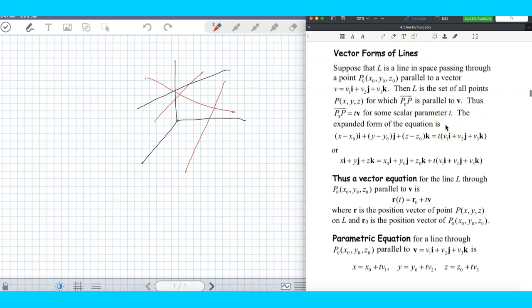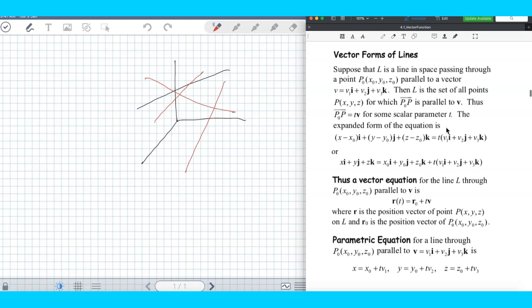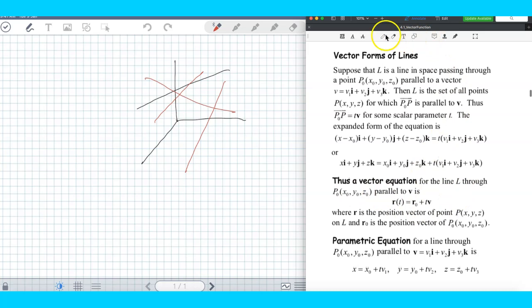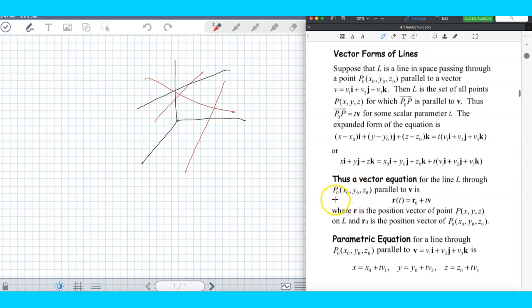two important things that you have to have before you obtain the vector function of a line. So you must have the point P naught, which is along the line that you are looking for, and also you must have a vector which is parallel to the line that you want to obtain the vector function for.